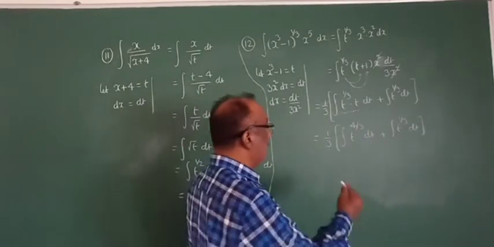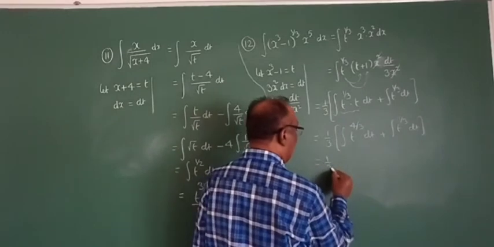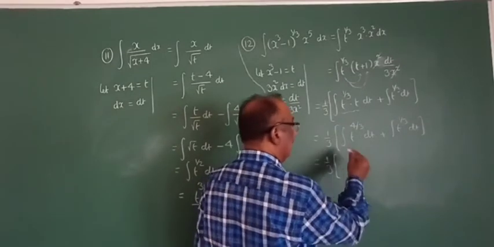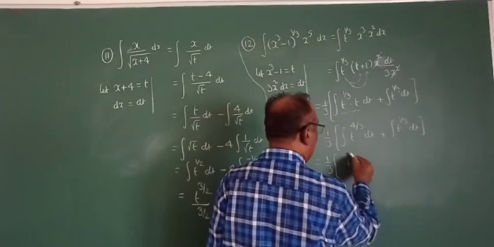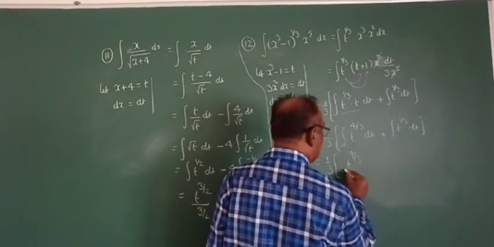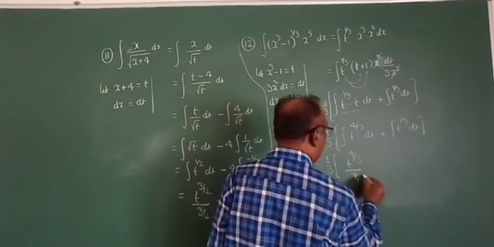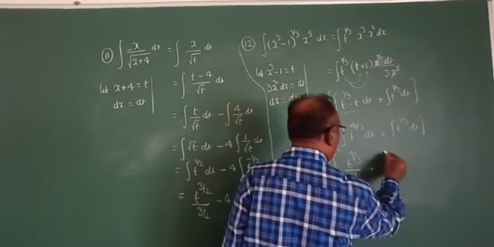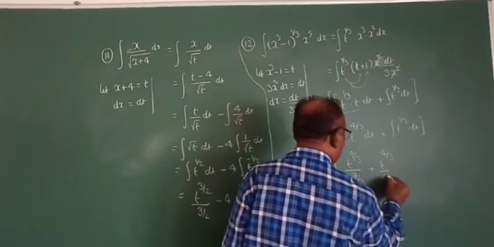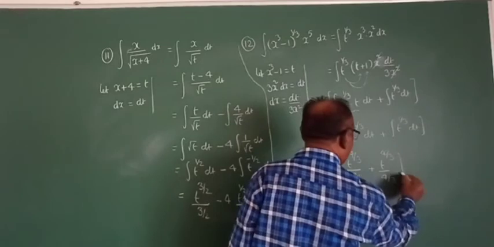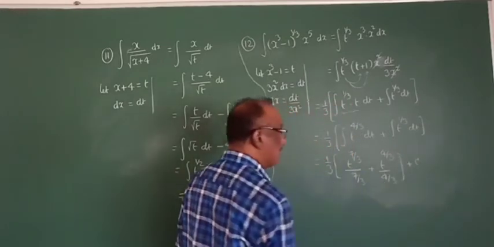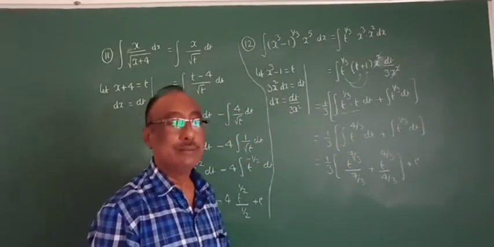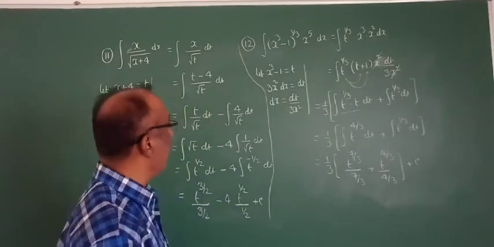So t power of 7 by 3 by 7 by 3 plus t power of 4 by 3 by 4 by 3 plus the integral constant. Right, in place of t, write down the value, everyone.